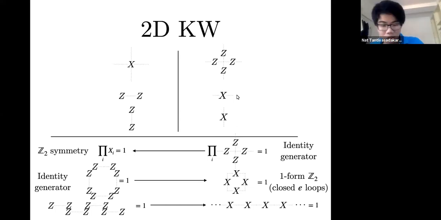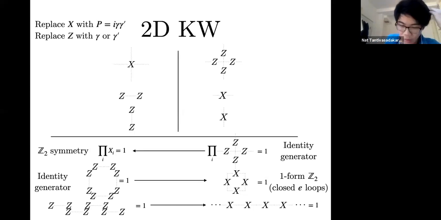So now let me do the Jordan-Wigner duality. The story is very similar, and I only need to make the following changes. Let me change the transverse field X to fermion parity, and let me replace Pauli's Z operator with one of these Majorana operators.